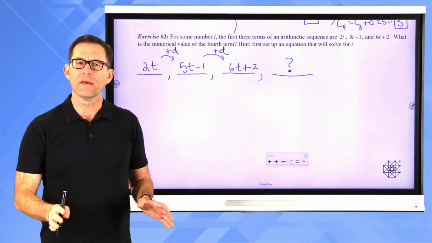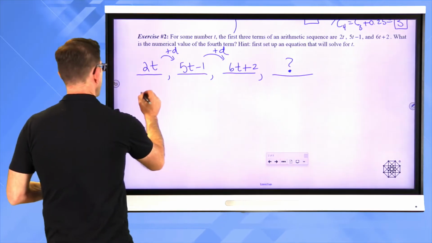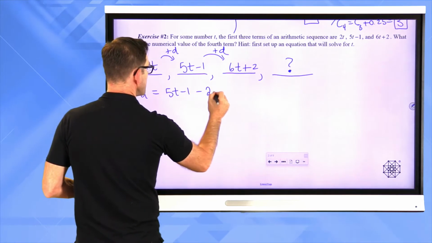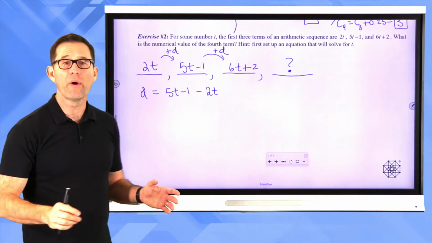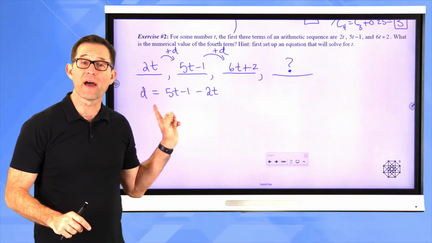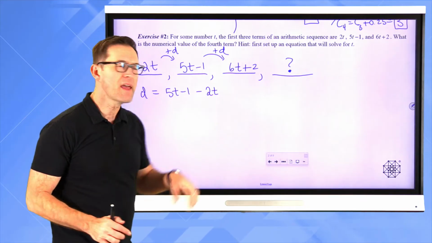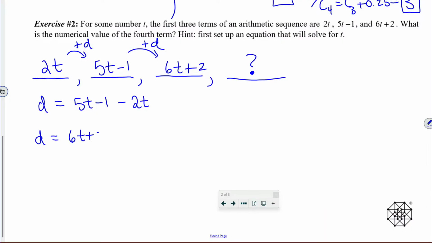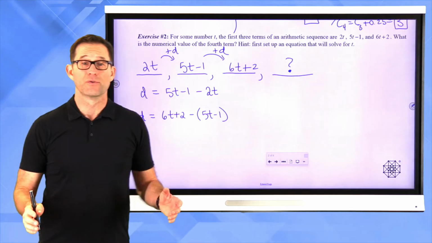But what is d? Well, d is equal to 5t minus 1 minus 2t, right? The whole point is, this minus this gives me that common difference. But then again, d is also equal to 6t plus 2 minus, should be a little careful here, (5t minus 1). That's also true, right?